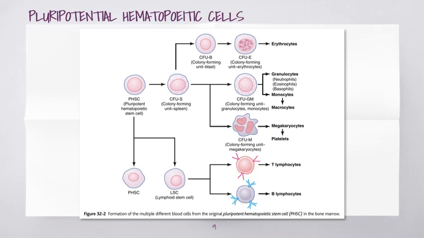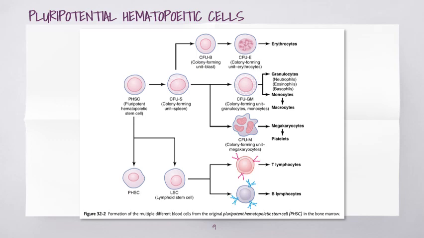One of the important pathways that regulate its growth and division include the Notch pathway, the sonic hedgehog pathway, the WNT beta-catenin pathway, and the Janus kinase 2 pathway, or the JAK2 signaling pathway. So these pathways regulate the production and the self-renewal of our pluripotent stem cells.